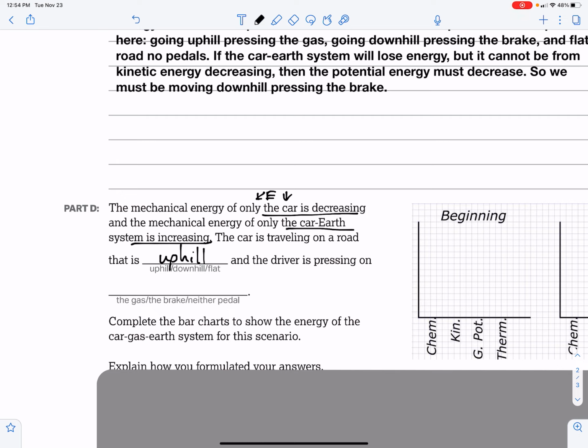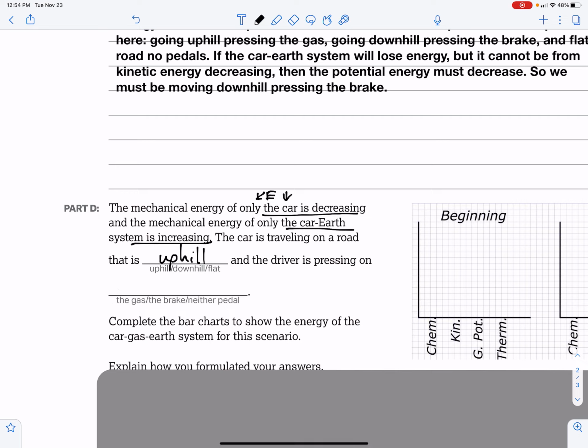You can't be pressing the brake, because if you're pressing the brake, you'd be decreasing the mechanical energy of the car-earth system. It's increasing. So although the kinetic energy of the car is decreasing, that's because you're going uphill, the total mechanical energy of the car-earth system is increasing because you're pressing the gas pedal as you're going uphill.